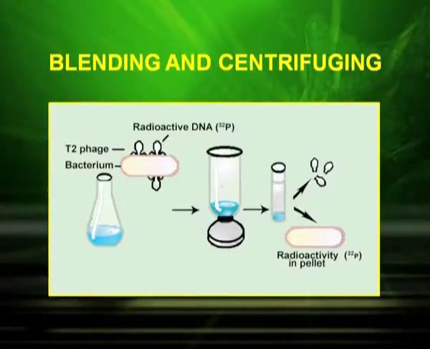To their surprise, they found after centrifugation two components, the one was supernatant and the other was the pellet. They found when they used P32, the radioactivity was in the pellet. Now, what does this pellet contain? The pellet contained the bacteria.